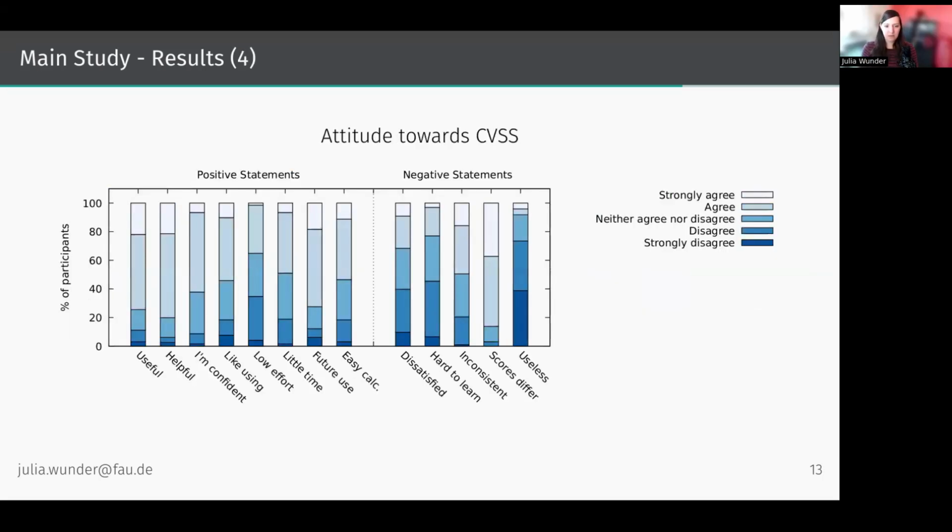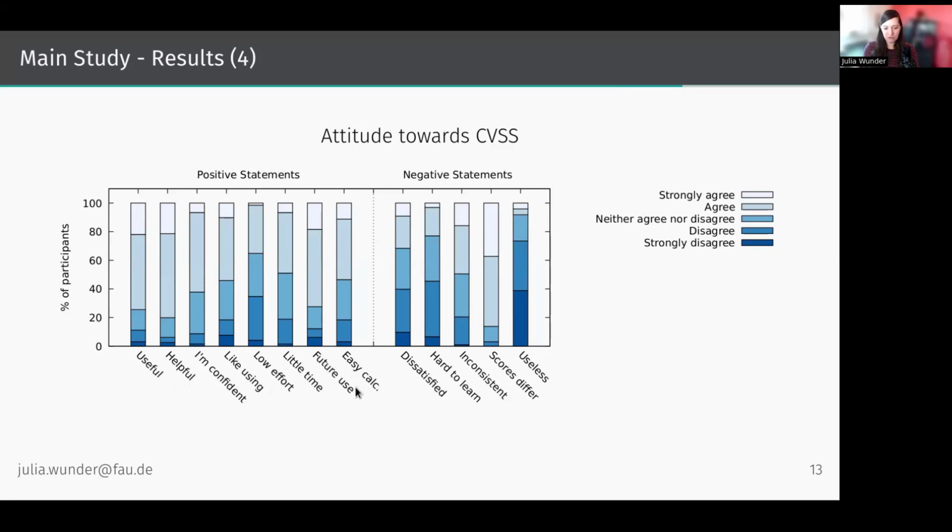And finally, I want to talk about the attitude towards CVSS. Here we provided the participants different statements, like, for example, CVSS is useful or CVSS is helpful, or there are many inconsistencies in scoring, something like that. And the participants could agree or disagree with these statements. So when looking at the positive statements, many participants agree that CVSS is useful and helpful, and they also like using CVSS.